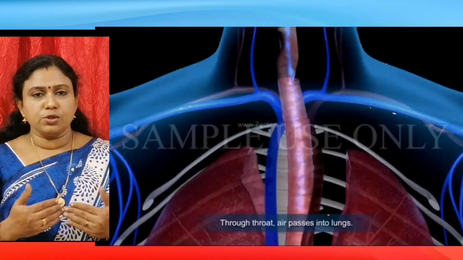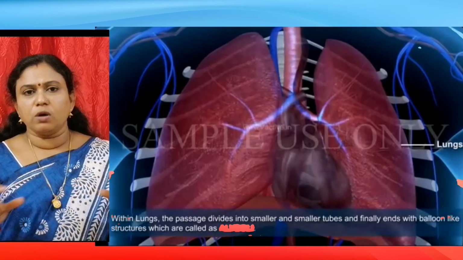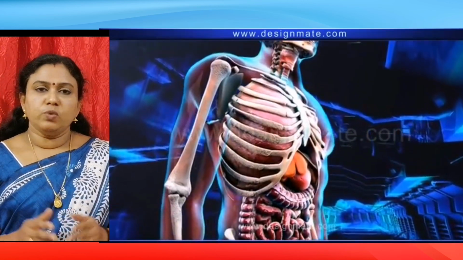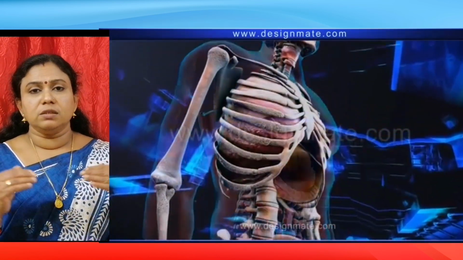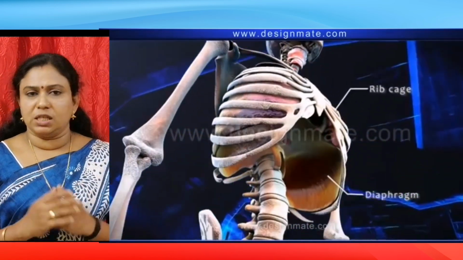The trachea divides into two branches called bronchi, and these bronchi enter into the lungs. The lungs are spongy, elastic organs which are protected inside the thoracic cavity and placed inside the rib cage.